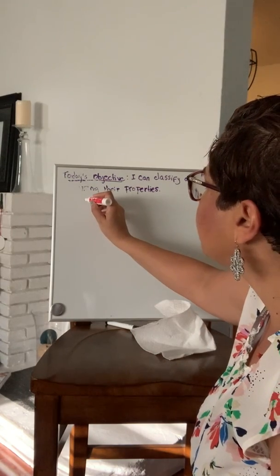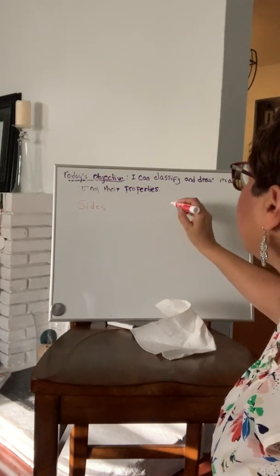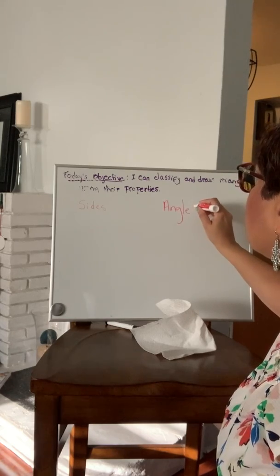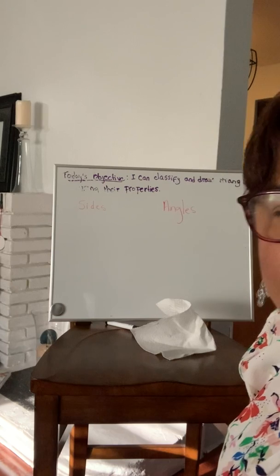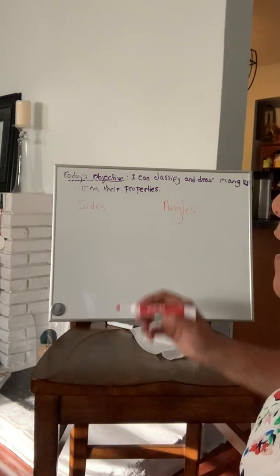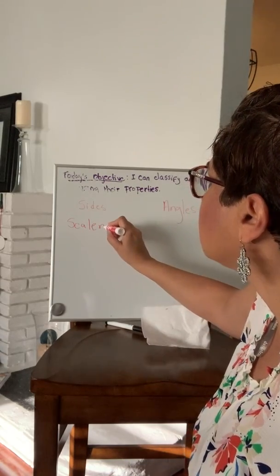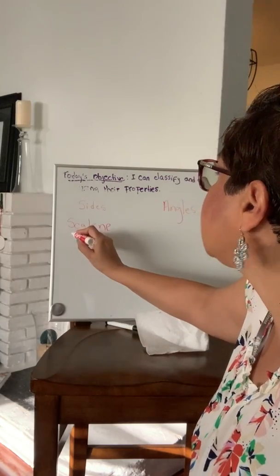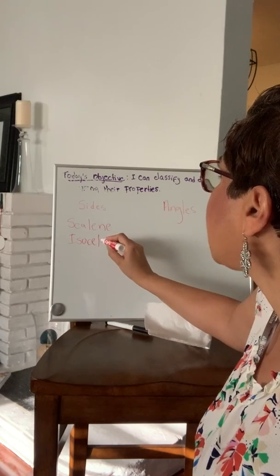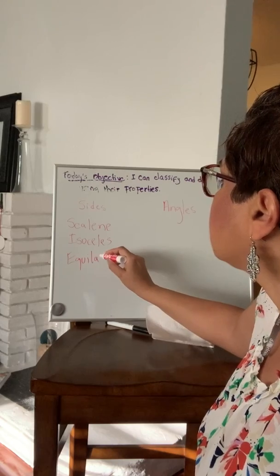So we're going to have the sides of the triangle, and their angles. When we're talking about the sides of the triangle, we are talking about scalene triangles, isosceles triangles, and equilateral triangles. Okay?